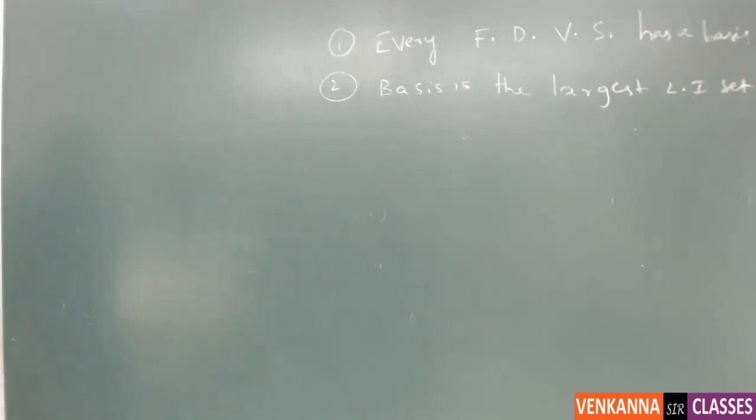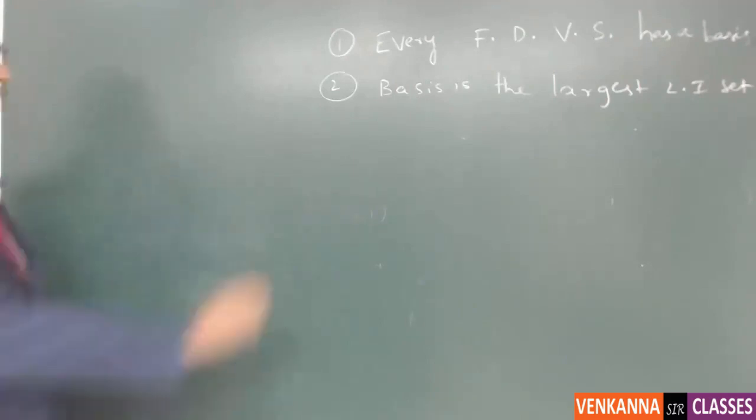It becomes linearly dependent. You can write a set having n vectors, but if you simplify the set and make it independent, it contains exactly the number of elements in the basis. So a basis is the largest linearly independent set in that vector space. If you take a set having more elements than a basis, it becomes dependent. Clear?